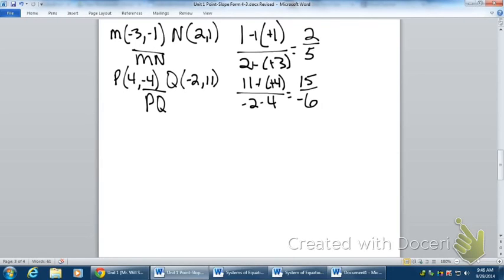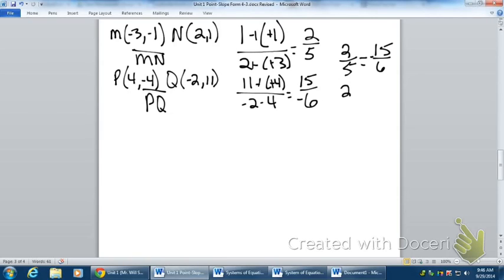Now, just by looking at the slopes, is 2 over 5 the reciprocal of 15 over negative 6, or negative 15 over 6? You could simplify the 15 over negative 6, couldn't you? Yeah, if we divide 3 into both sides, 5 over 2, so it is a reciprocal.